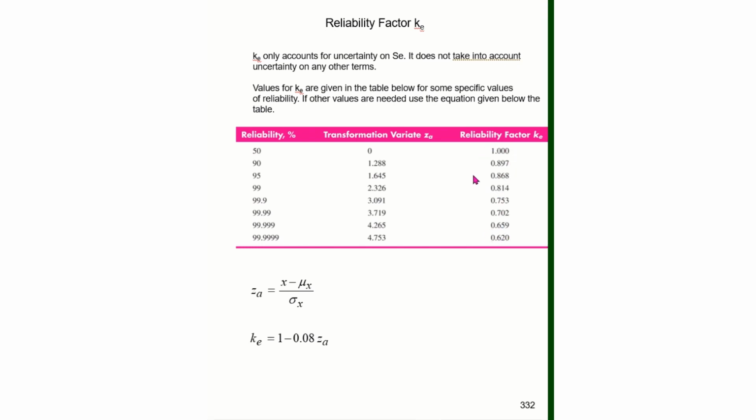So this is the Ke that modifies the endurance limit simply based on the reliability that you want to have. And again, this doesn't account for uncertainties on ultimate strengths and uncertainties on loads and forces and geometry. All this is the uncertainty associated with the endurance limit quantity.